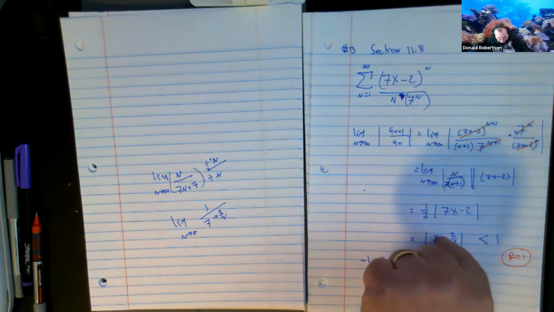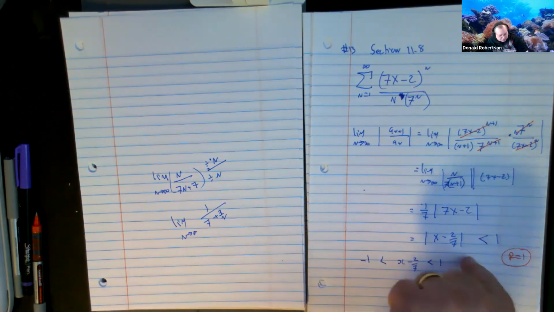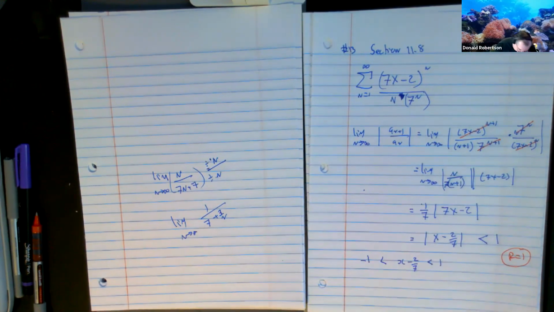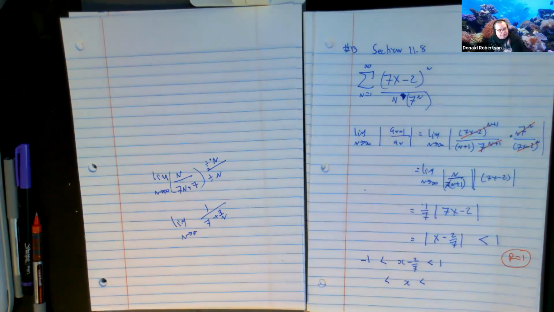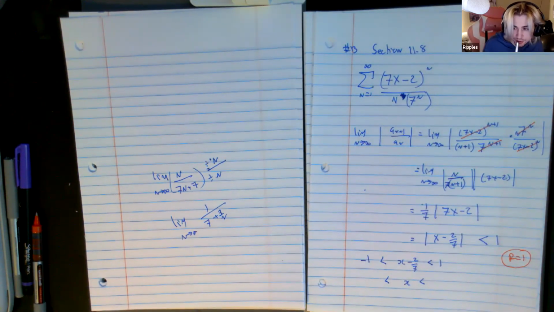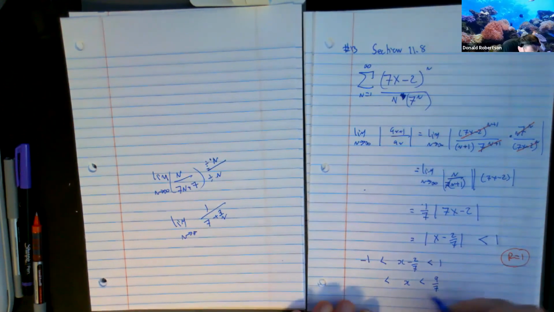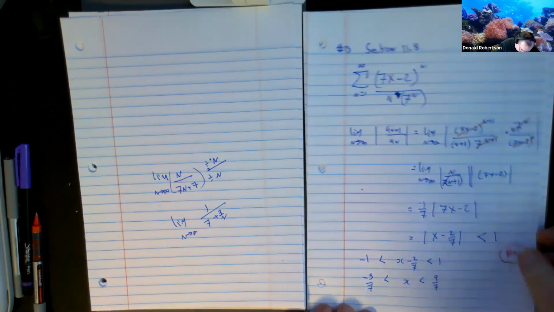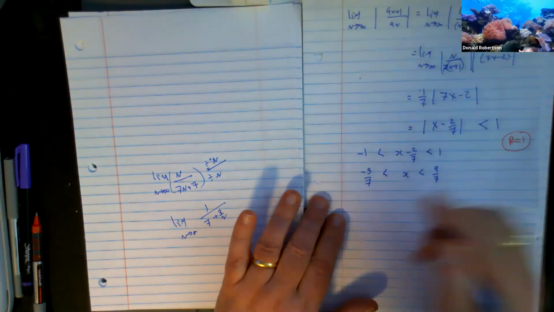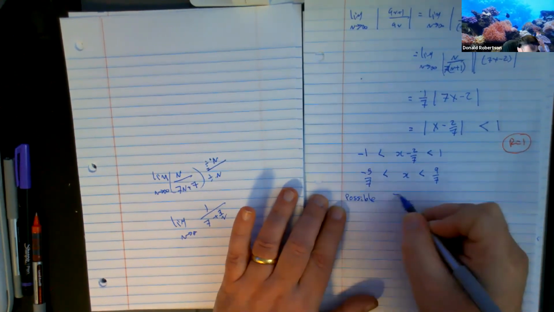Because if the absolute value is less than 1, doesn't that mean the thing in the middle is between 1 and -1? So how do I get an x in the middle on its own? Because that's what we really need. Add 2/7 to both sides. So that's going to get me 9/7, and that's going to give me, I believe, -5/7. And in the notes, you'll see I call this something like our possible interval of convergence.